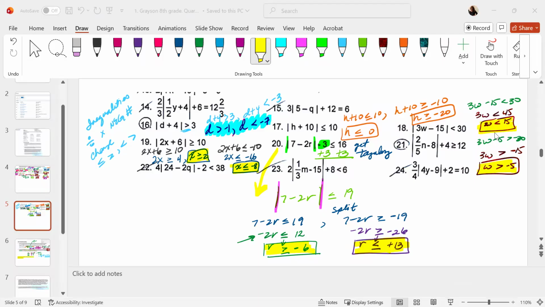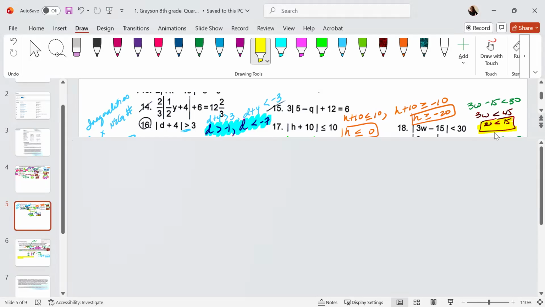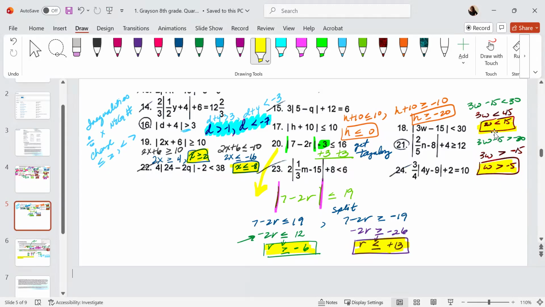All right, 21. 21 is kind of a crazy one. For 21, do you have any tag-alongs? What is it? How do you get rid of it? Which is? Okay, now let's split it. What's the first equation?